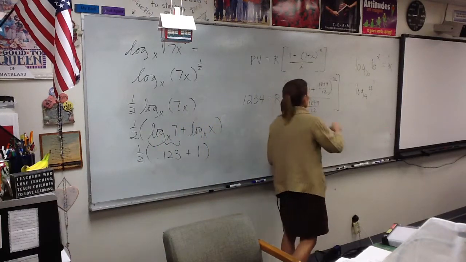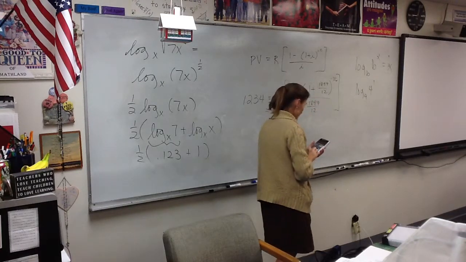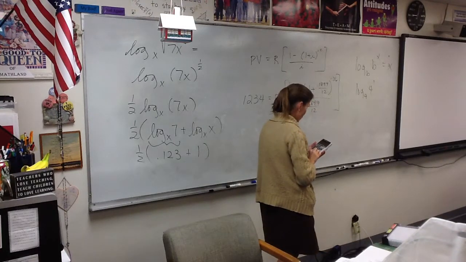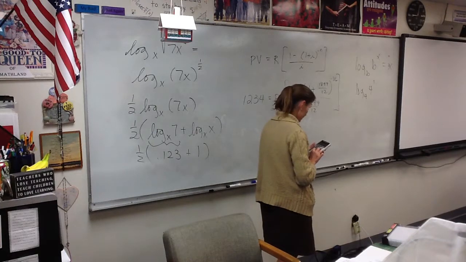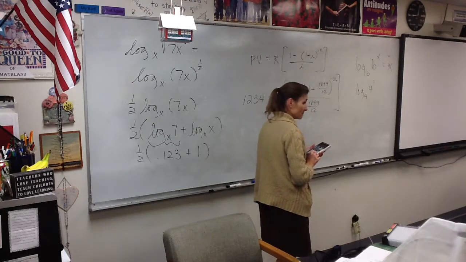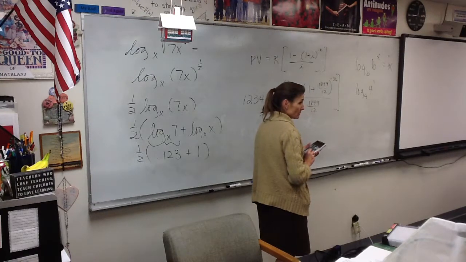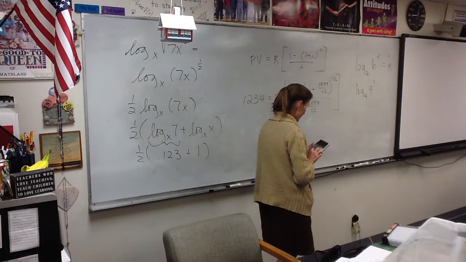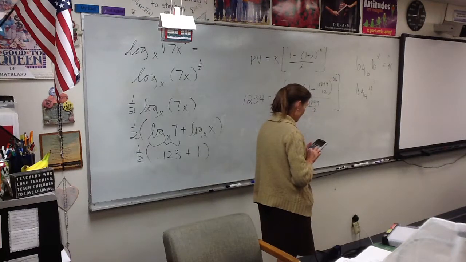Okay, just type in with me. Anybody else that can't do this, type in with me. Type exactly what I tell you to type. 1 plus 0.1899 divided by 12 equals, raised to the negative 36 equals, 1 minus second answer equals, divided by parentheses, 0.1899 divided by 12 equals.